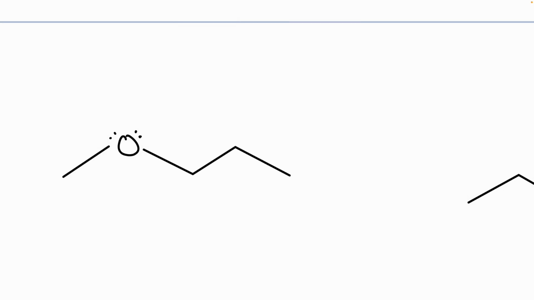All right, so I'm going to chop at that oxygen. Which side is going to be my parent chain, the left or the right? The right side. The longer of the two, more carbons. So my parent chain here is that propane. This whole substituent here, this carbon plus my oxygen, my ether group here, is going to be my substituent.